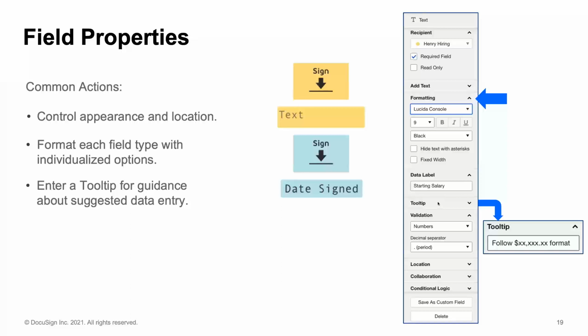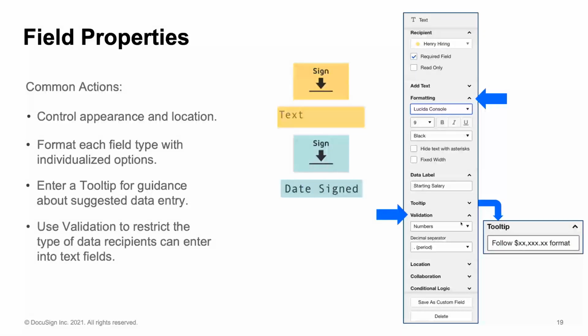This is helpful for guidance for your recipients if they're maybe not sure what they should be entering into this text field. But perhaps more importantly, this is also what will be read by a screen reader if you have a recipient who needs one for accessibility reasons. You can add validation to a text field.